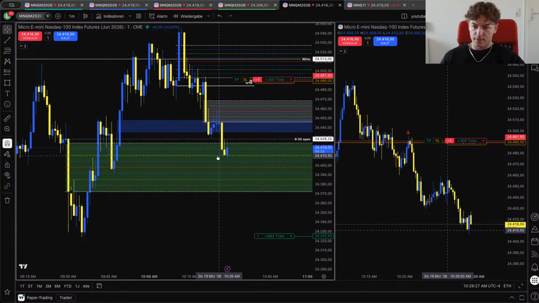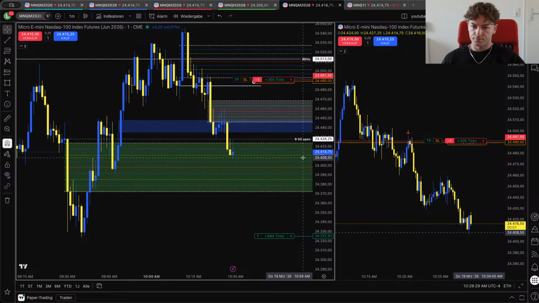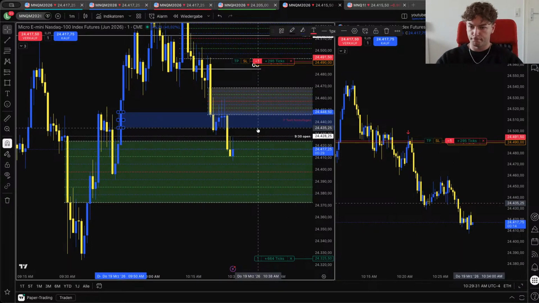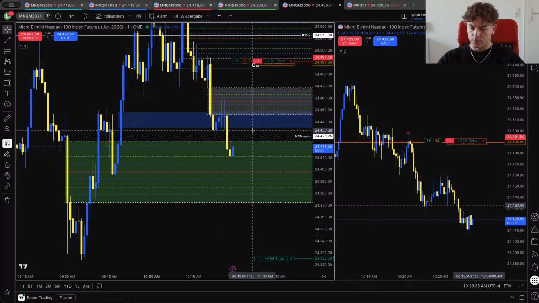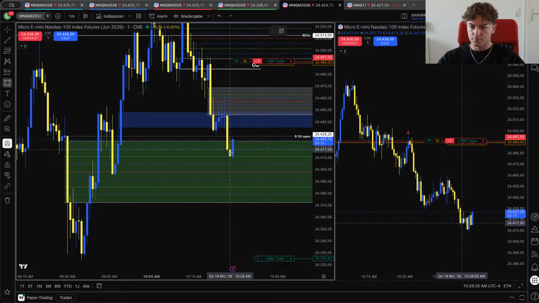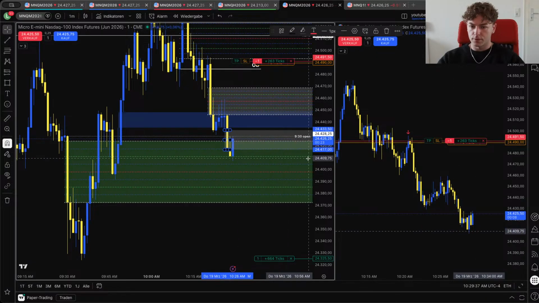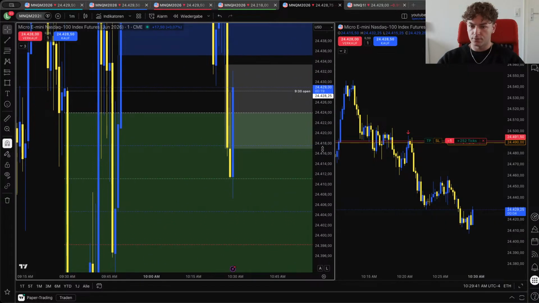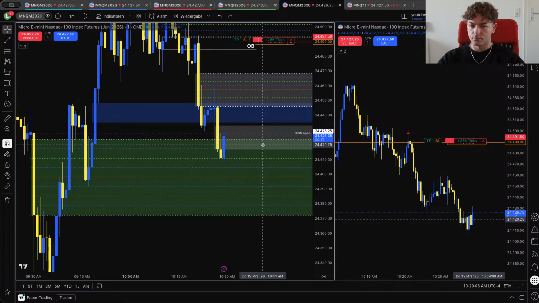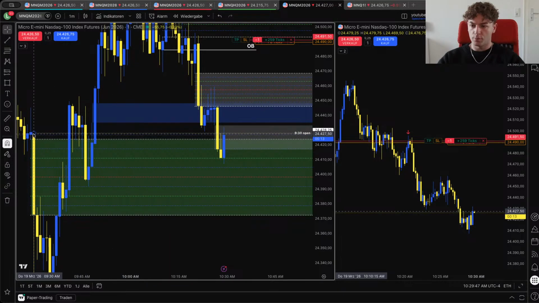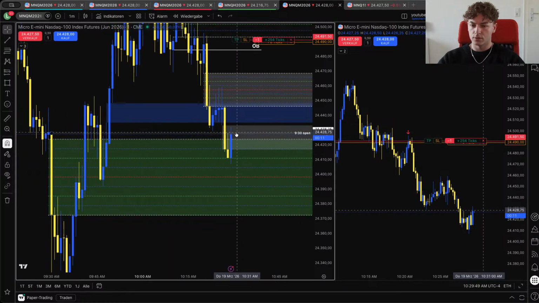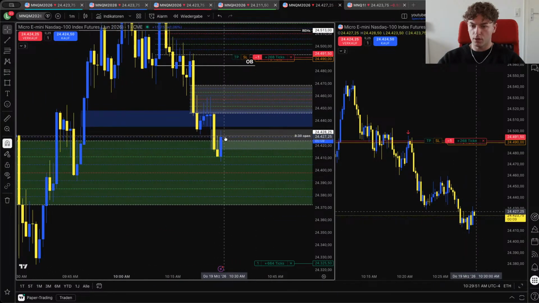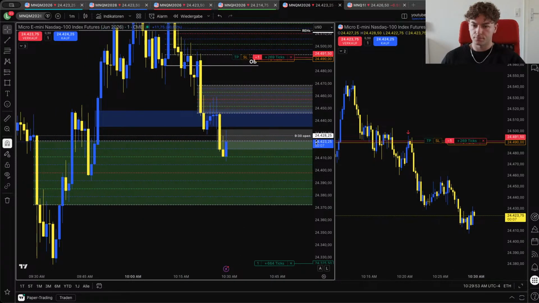For now it's respecting the upper quadrant. Again, fair value gap in here, 9:30 opening price here. Want to see the body close below it.